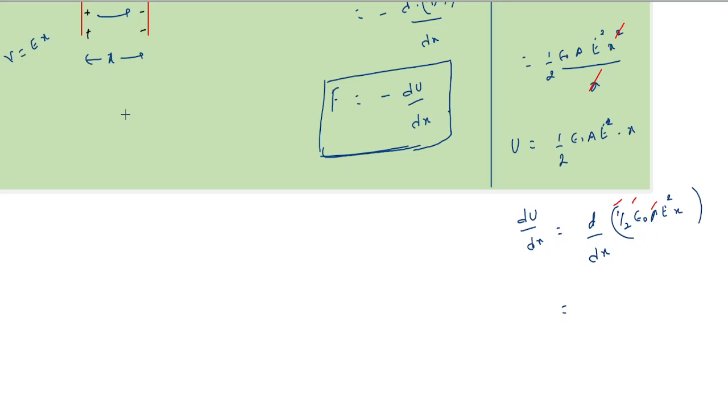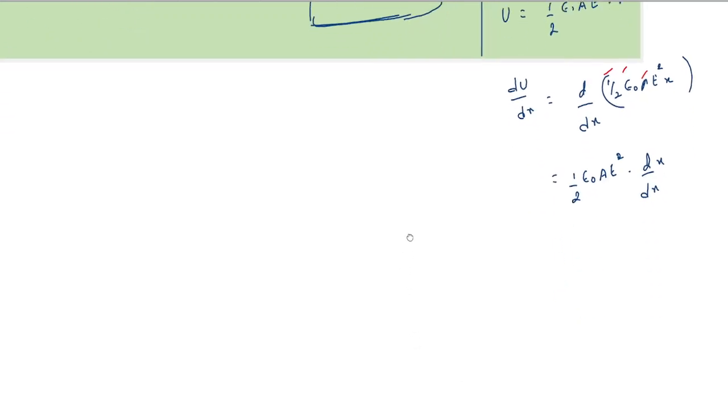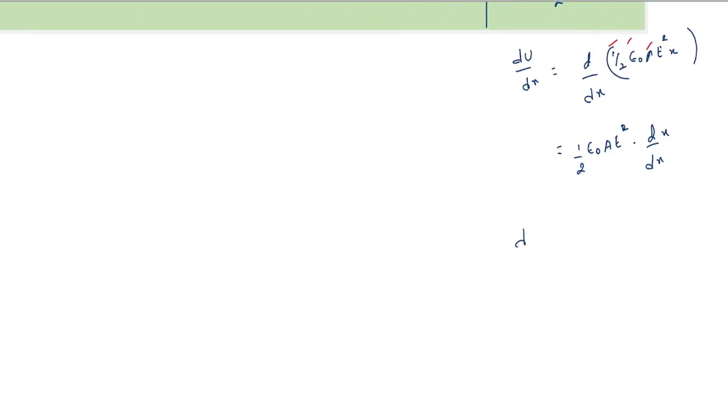Therefore, these terms come out of the symbol of differentiation. So what remains is half epsilon naught A E square and d by dx of x, that's equal to 1. Therefore, we get dU by dx is half epsilon naught A into E square. This is the value of dU by dx.